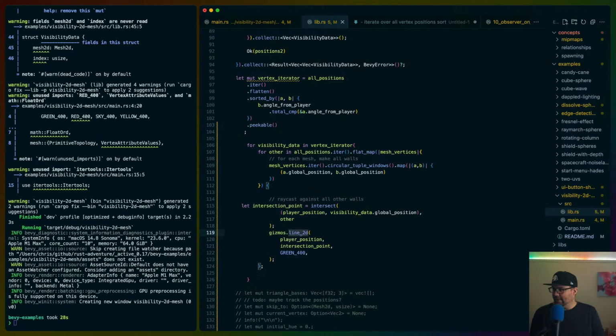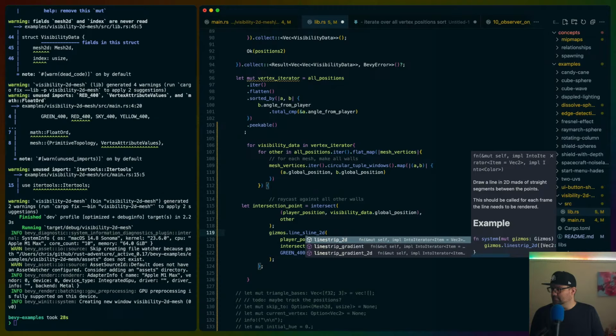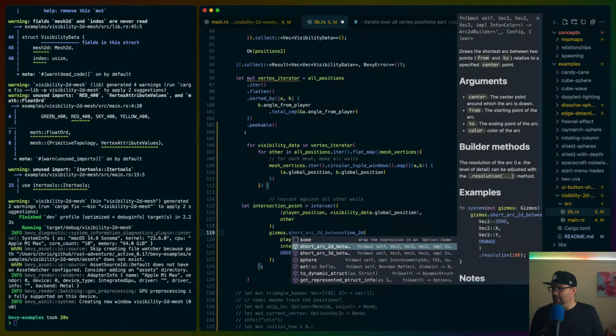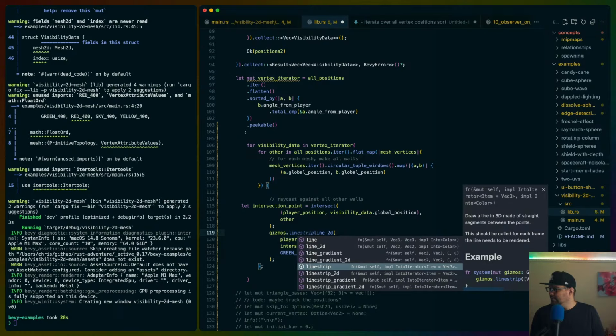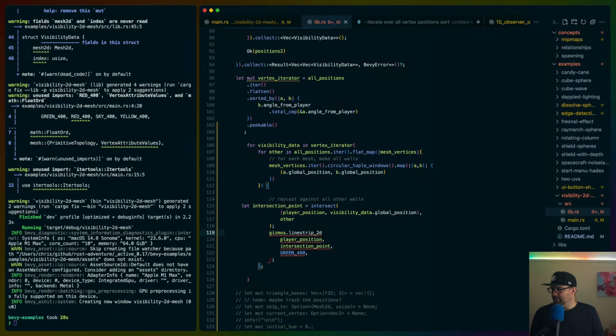Can we do a line segment here? Did we call that a line strip? Line strip, draw a line in 3D. Line strip 2D, draw line strip 2D.